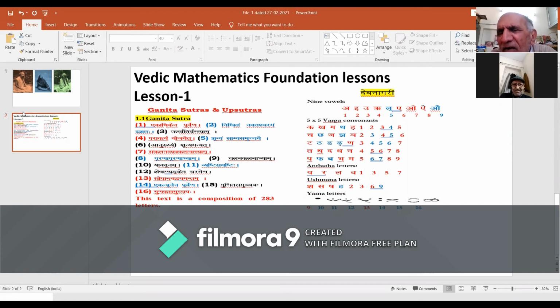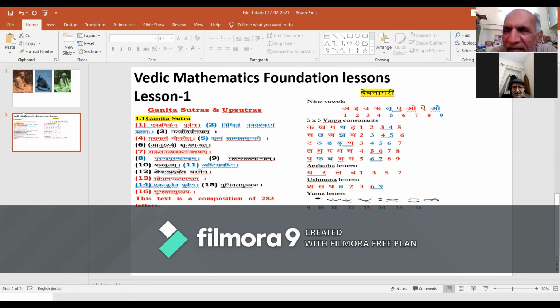Like that, ninth vowel is 9. Therefore, from Varna Samamnaya, the letters alphabet, we have to reach Ank Samamnaya, the numbers alphabet. The modern mathematics systems do not have this feature for their alphabets. This Devanagari alphabet is a numbers alphabet as well.